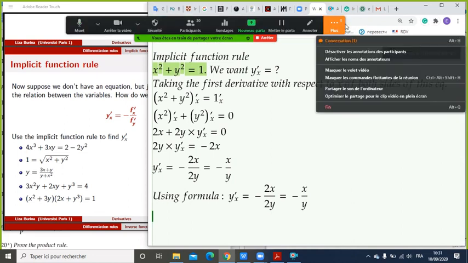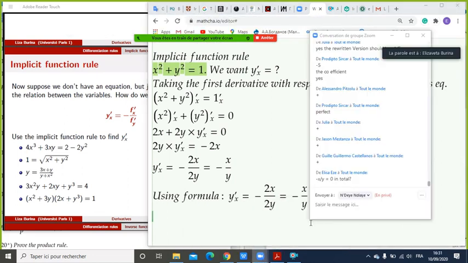Okay, yes, I have one question, or not a question. Minus x divided by y is equal to 0 in total. No, minus x over y is a derivative of y with respect to x if we are just given this implicit function.